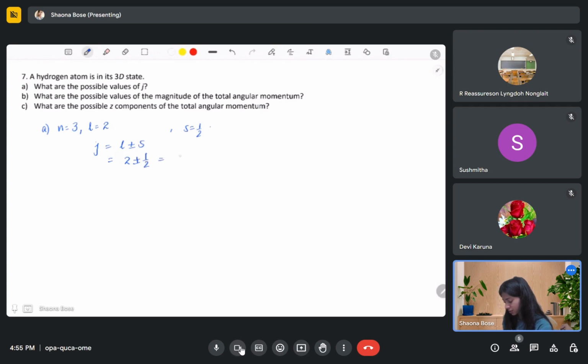Okay, so 2 plus minus half, right? What does this give you? So this is 5 by 2 or 3 by 2, isn't it? Okay, so the possible values of J are 5 by 2 and 3 by 2.